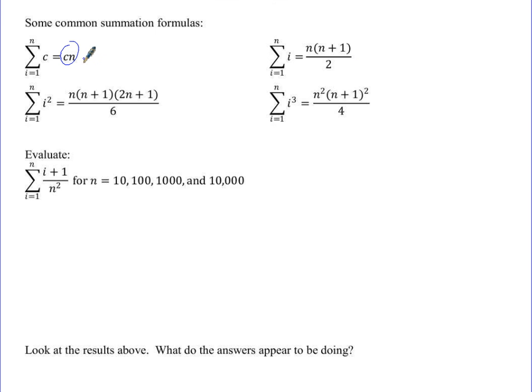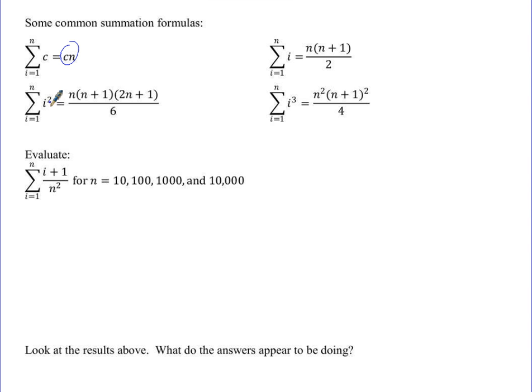So the first one was logically obvious. The second one you guys developed kind of on your own. The third one and the fourth one, you're going to have to take my word for it. There is a way to develop those. There's a way to prove that those are correct, but we're not going to learn how to do that in this class. I think the book might actually have an explanation on how those come about.